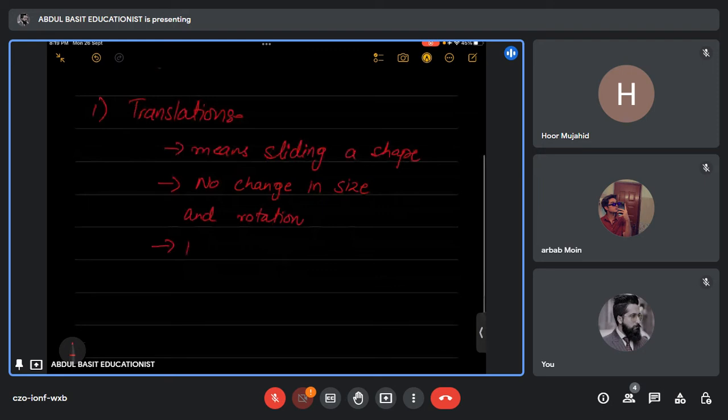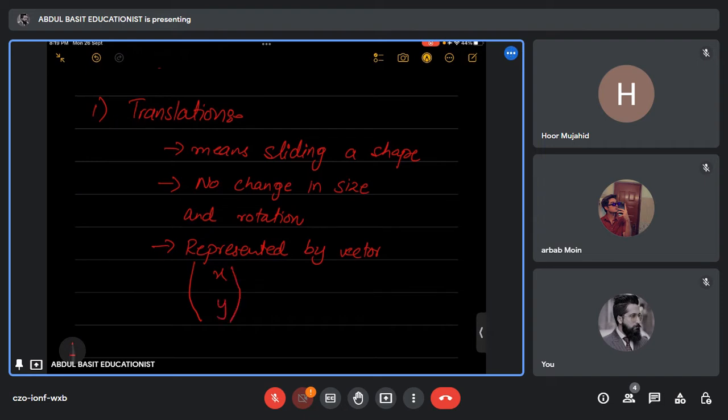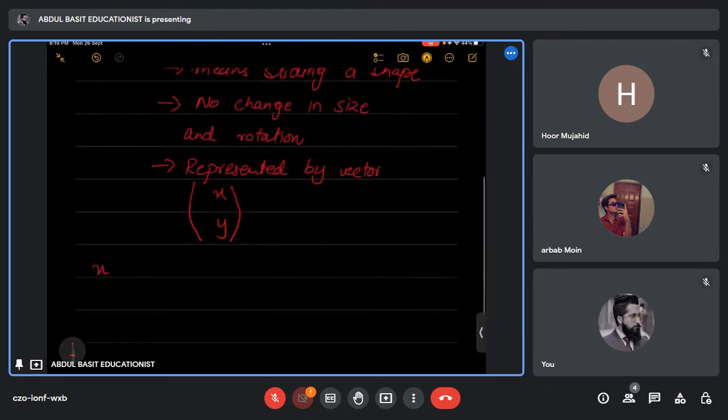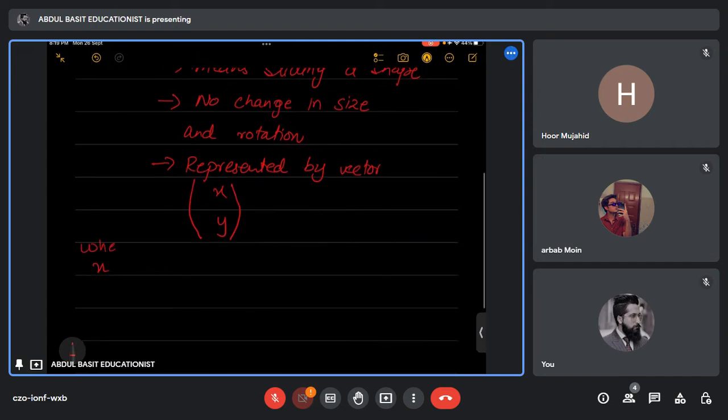Translation is represented by a vector, and this is the vector, x and y. When x is positive, go right.